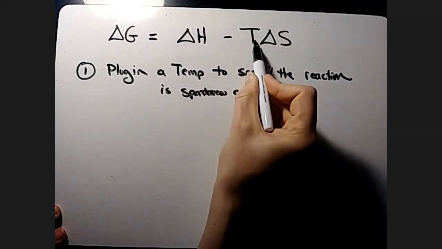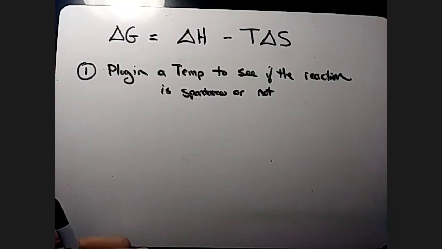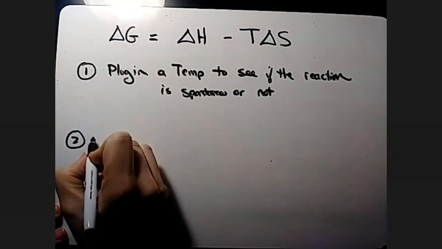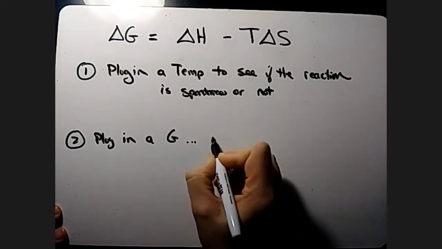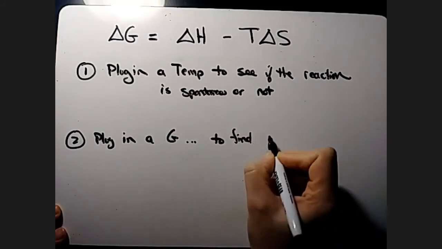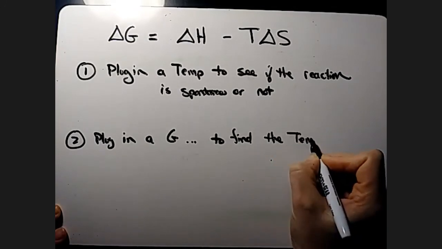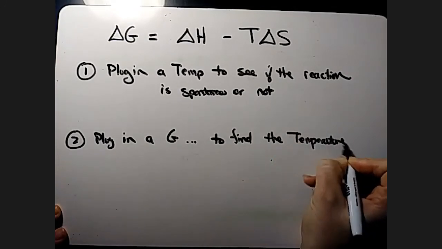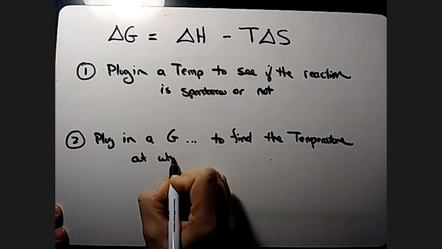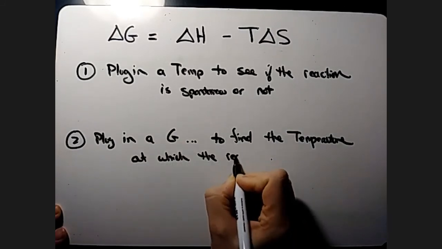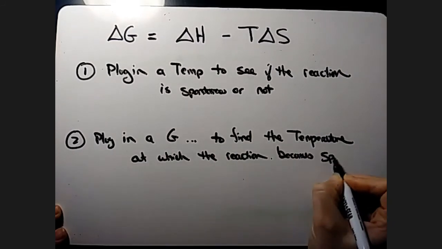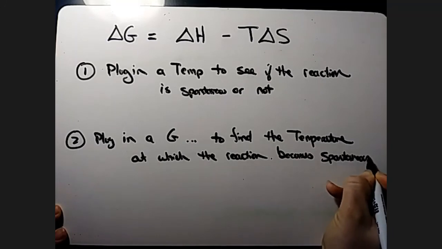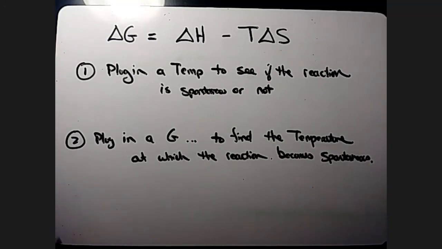So I can plug in a temperature to calculate the G, or the reverse. I can plug in a G to find the temperature at which the reaction becomes spontaneous.